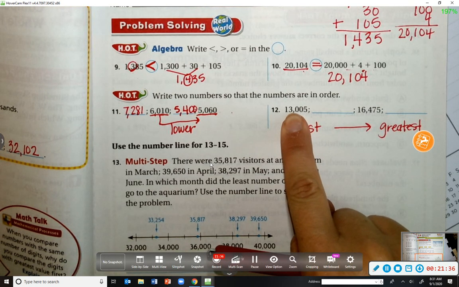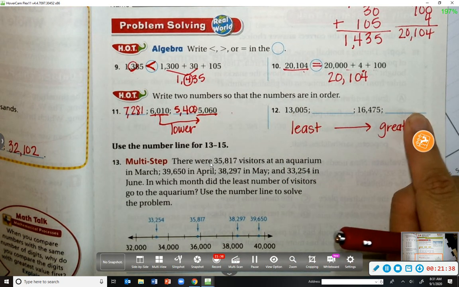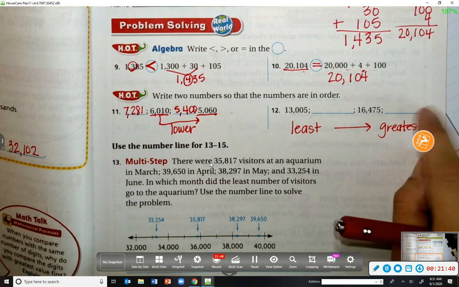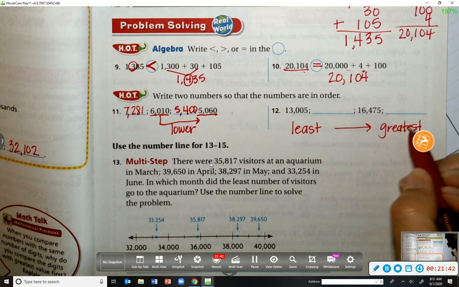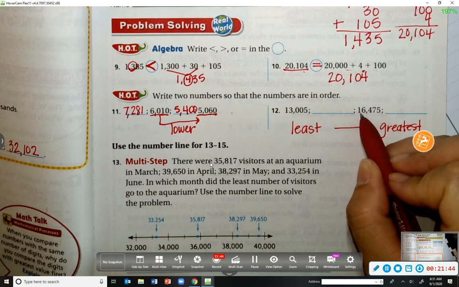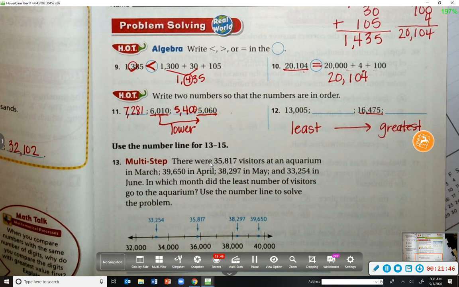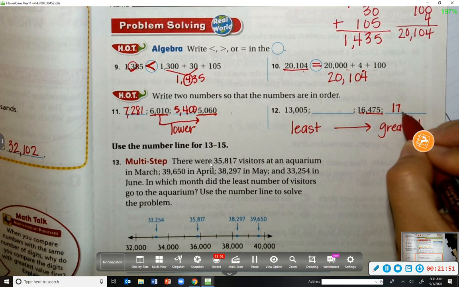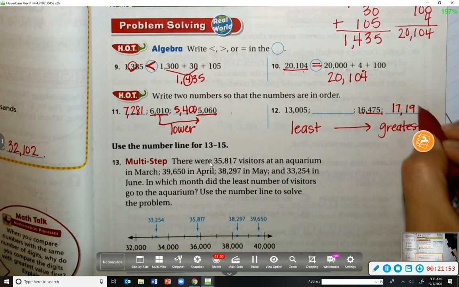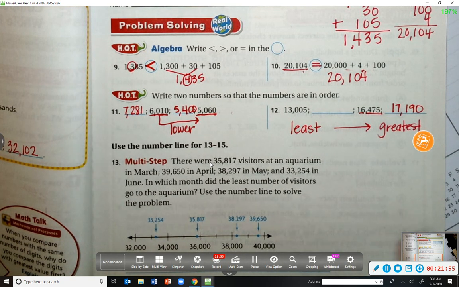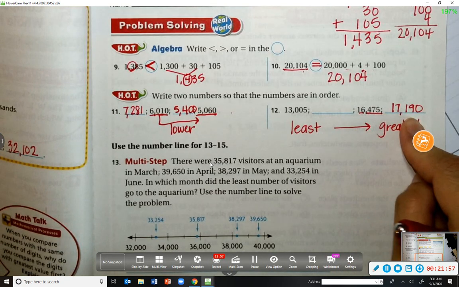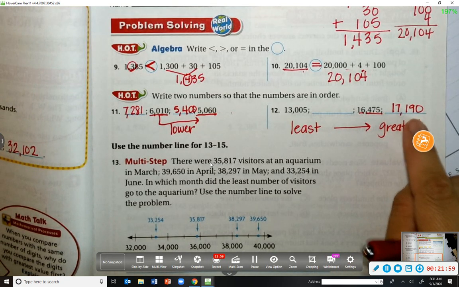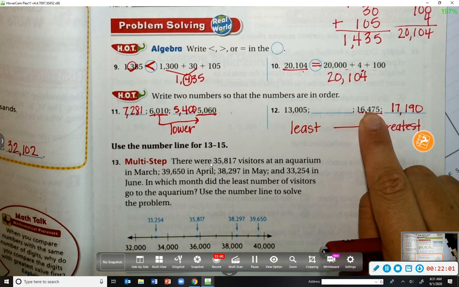Okay, so this should be your lowest number and the end should be your greatest number. So let's start with our greatest number. I just need to make sure that it is bigger than 16,475. So we could do 17,190. There's a lot of numbers we could have picked, so it doesn't really matter what you put there as long as it's bigger than this.